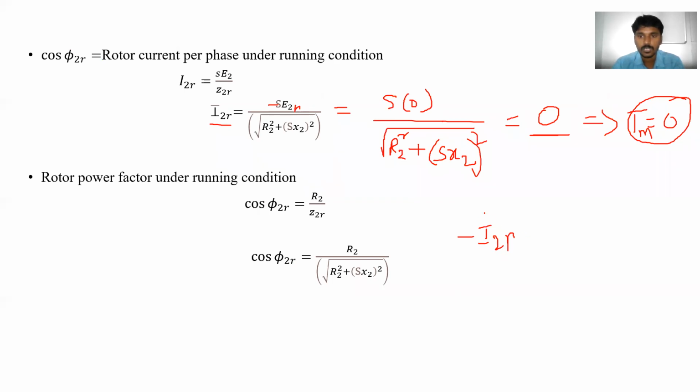I2R means rotor current under the running condition. If it is negative, the torque also goes negative because the torque is proportional to current.